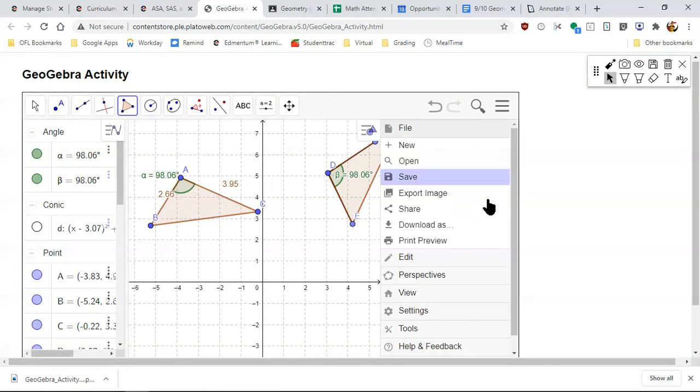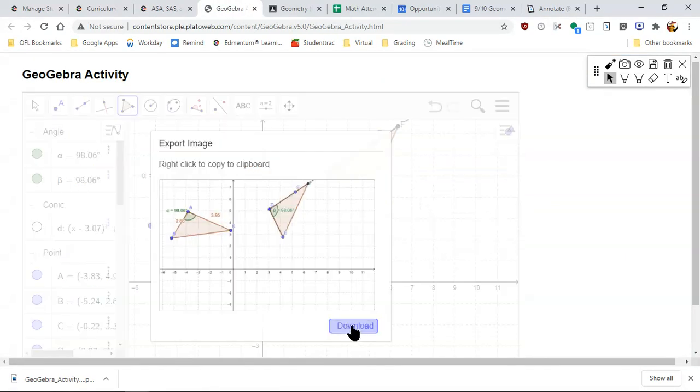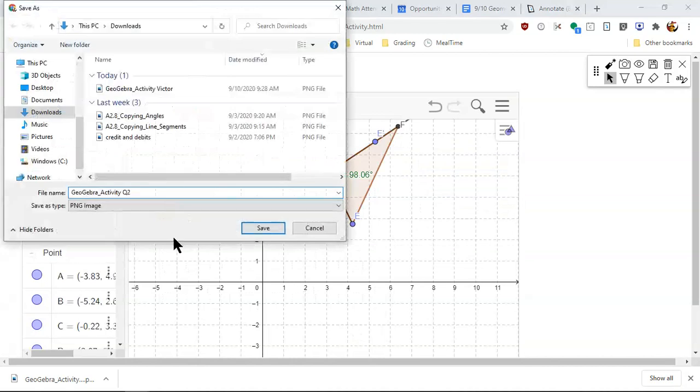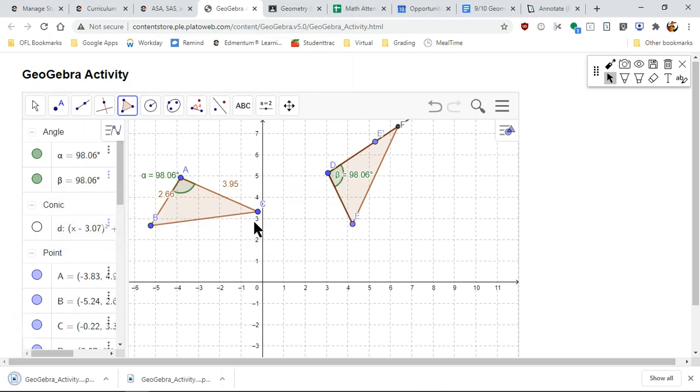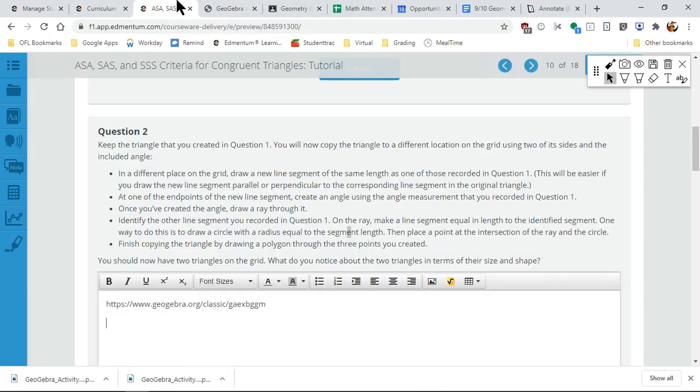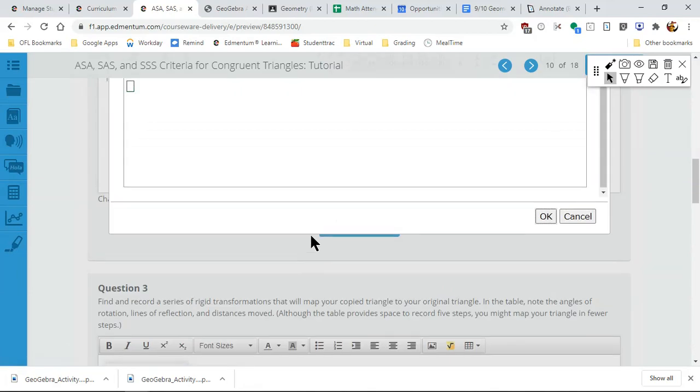And again, if you want to do your image, you can export your image, download it. The name of the image is going to be the same as whatever you named it the first time. That's why you want to make sure this name is different than the first one you saved. And I think you could even do something like this. Mine is kind of cool.